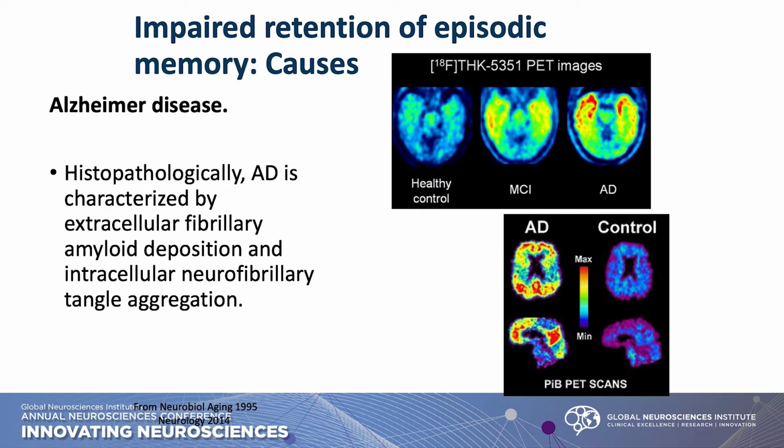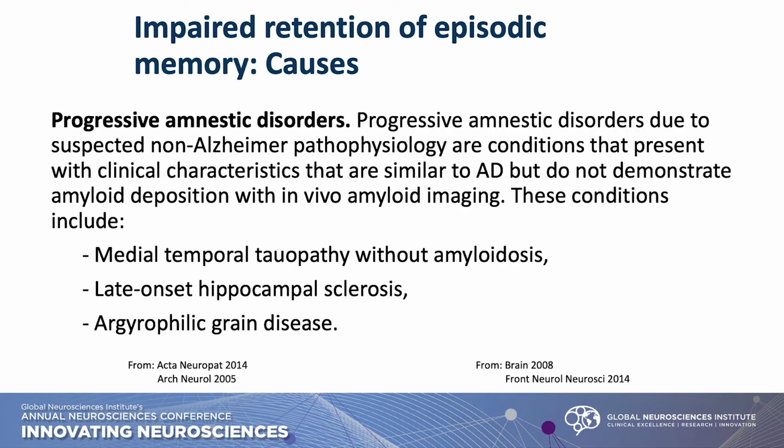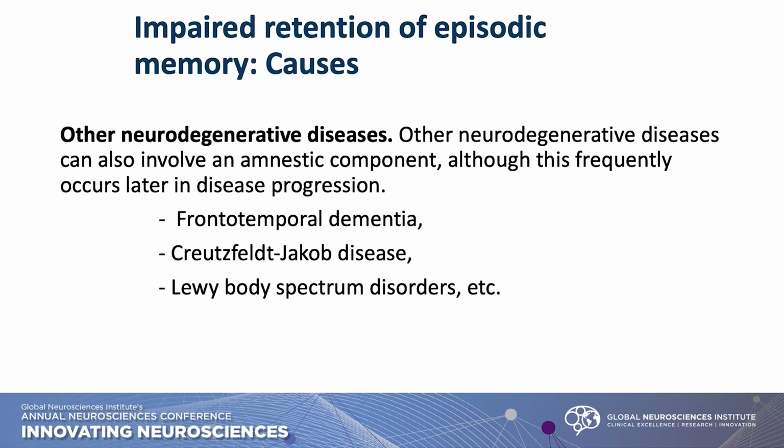The reason is that there are some rarer conditions, not going into details, that can present clinically, and on initial evaluation, such as structural biomarker studies on the MRI, might look very similar to Alzheimer's disease. For example, late onset hippocampal sclerosis or temporal tauopathy without amyloidosis. Other neurodegenerative diseases also affect the episodic memory network, but it's usually later in the disease process.